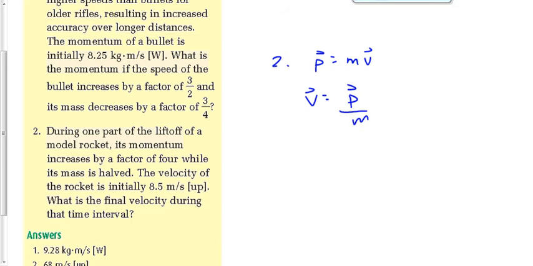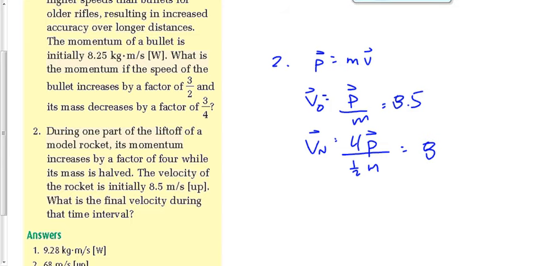There's my original velocity, which is 8.5. My new velocity is what? Well, it says the momentum increases by a factor of 4, and the mass decreases by a factor of a half. That's 4 divided by half. 8. Don't make it 2, right? 4 divided by half is 8.